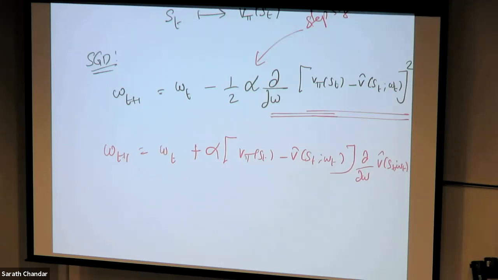Now, let's take this equation, and there are a few things to observe here. First of all, this is a stochastic algorithm because we use only one example, one state, instead of all possible states.